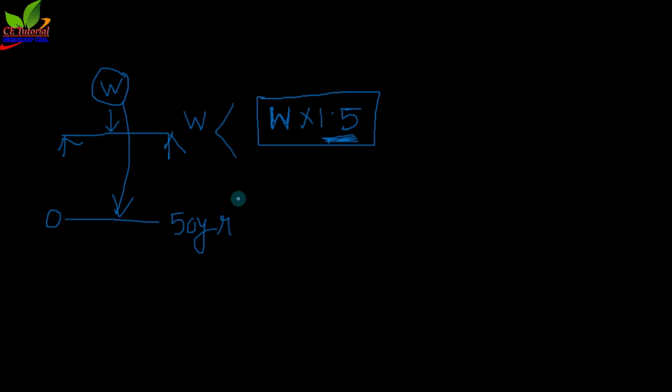So what we are going to do, we are actually increasing the load. We are assuming that the coming load will be higher than W. And obviously I know that in the lifespan of the structure it will not exceed W.